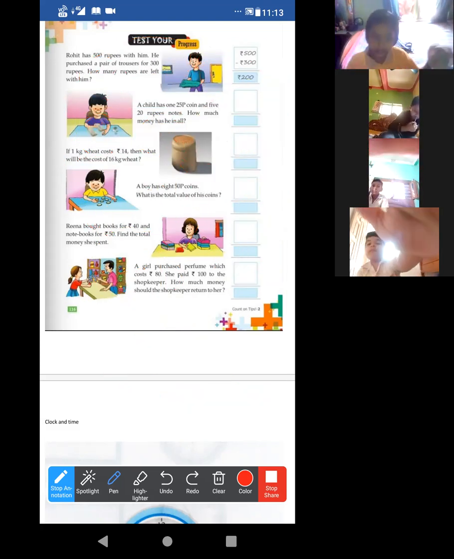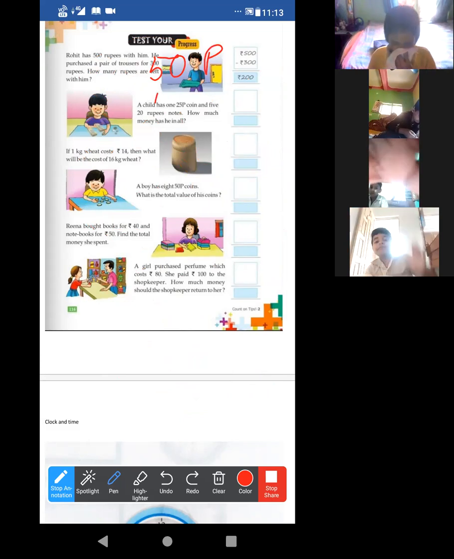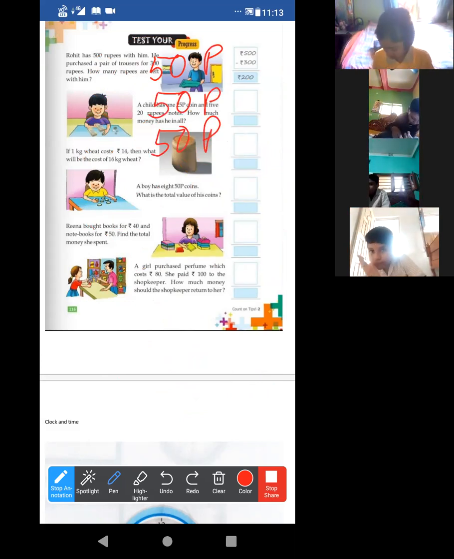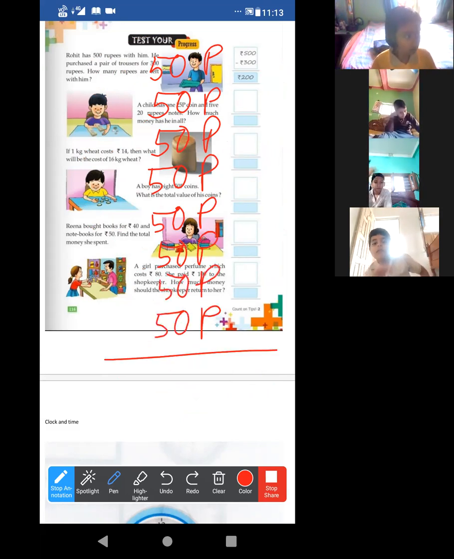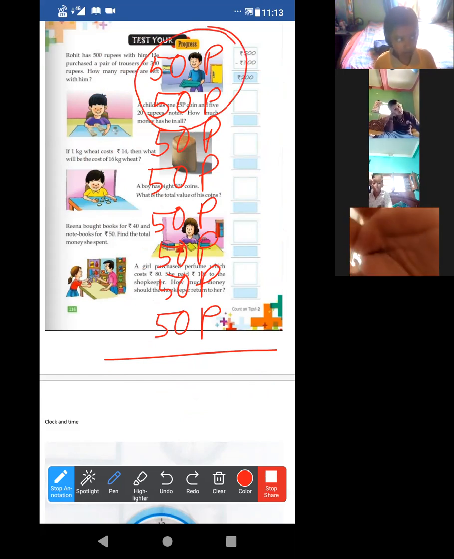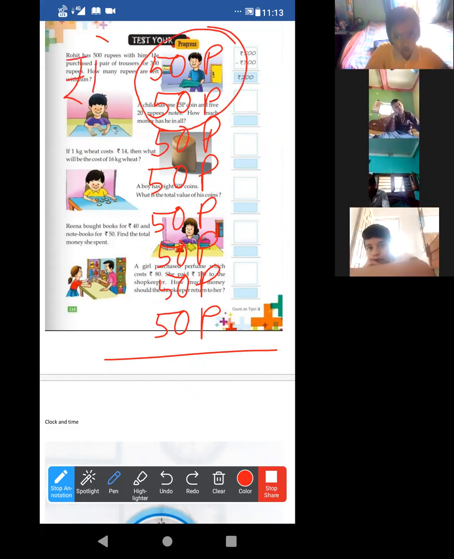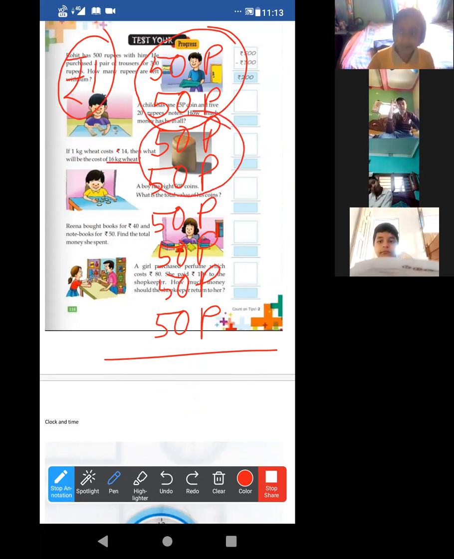8 50 paise coins. First 50 paise, second 50 paise, third 50 paise, fourth 50 paise, fifth one, sixth one, seventh one, eighth one. Now look. For these 2 50 paise coins, we will get 1 rupee. Yes or no? For another 2 50 paise, again we will get another 1 rupee coin.